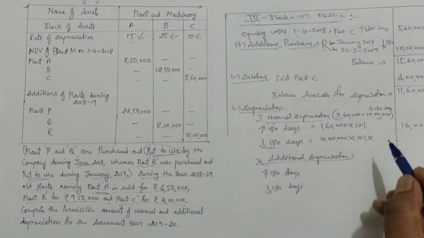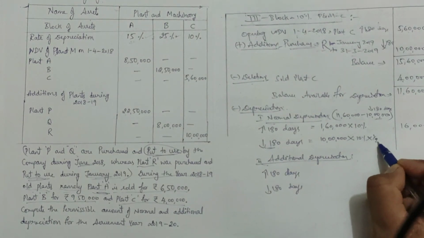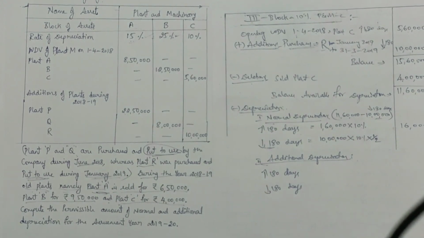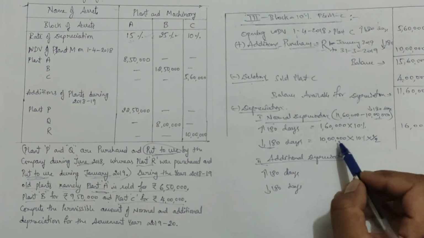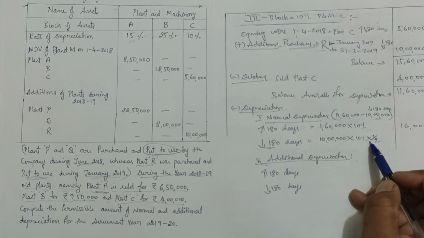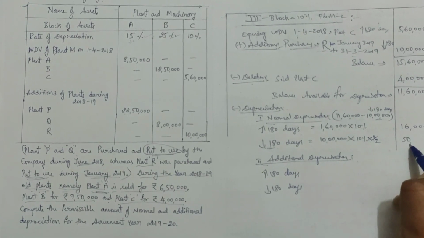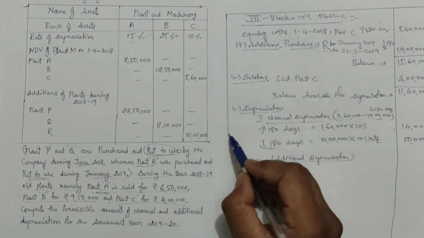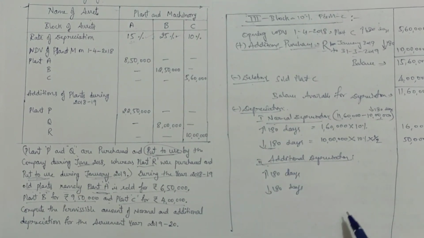So what we need to do here, we need to make half or 50%. So 10 lakh into 10%, if you calculate that and make half, we will get 50,000, correct?